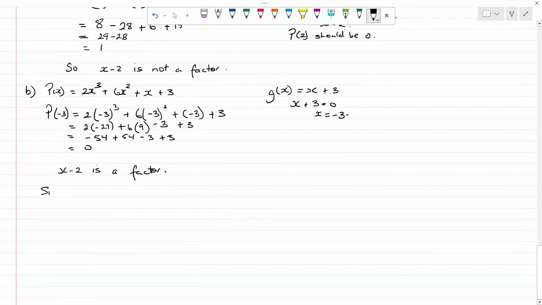So since x minus 2 is a factor, let us take x minus 2 and we're going to divide this polynomial by x minus 2 to find what the other factors are. We know it's going to have another factor because this is to the power of 3. So it must have a quadratic factor other than this linear factor.